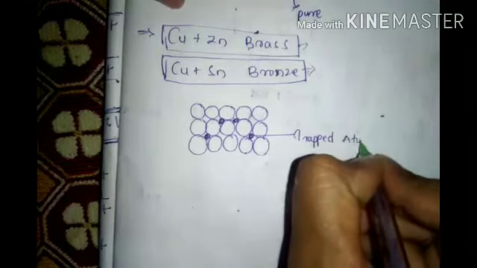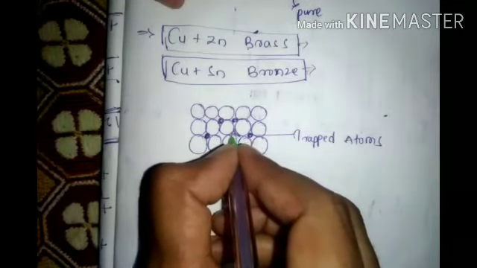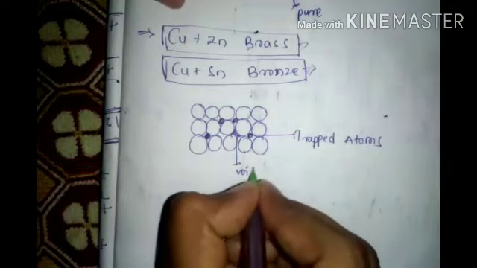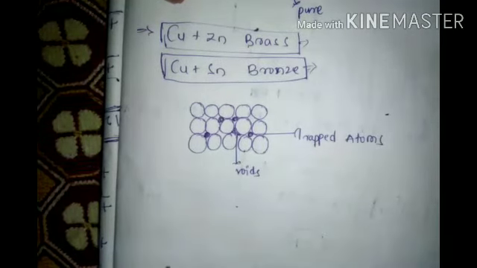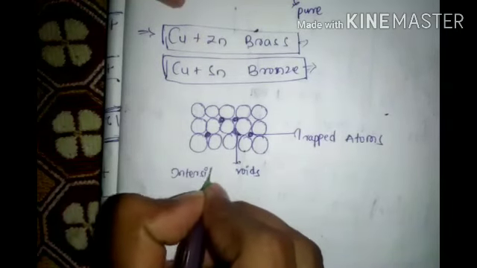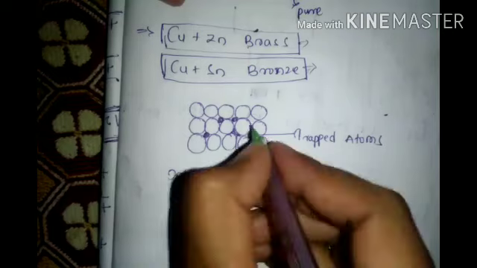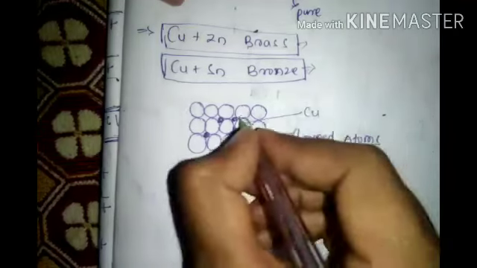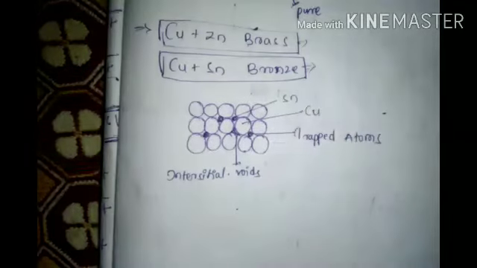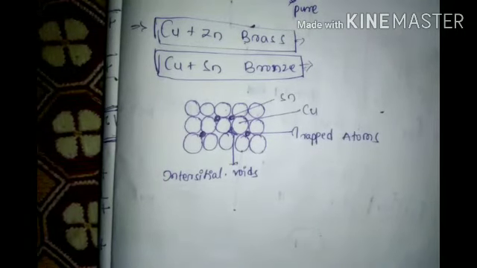What are these spaces? Voids, this you know, right? That is called interstitial voids. These are the copper, this is tin. Bronze, if it is zinc, this is copper. This is called alloy formation.